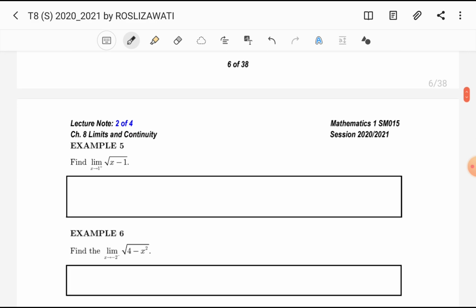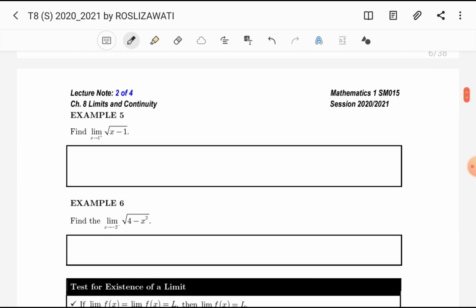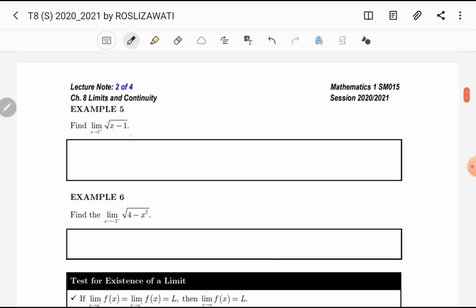So we go to example number 5. Limit of surd x minus 1 as x approaches 1 from the positive side. Why does it ask for 1 positive? Try looking inside. x minus 1 must be greater than or equal to 0, so x is greater than or equal to 1. That means your graph will start at 1 and there is a graph to the right, but no graph from the left.